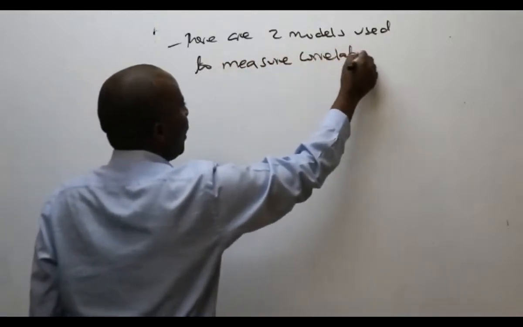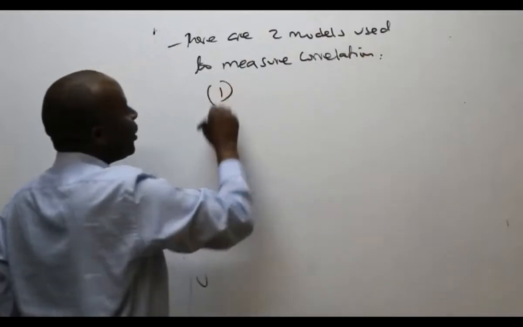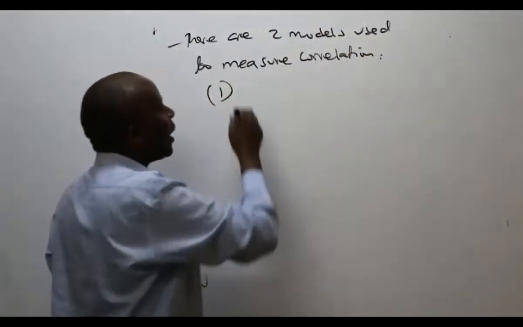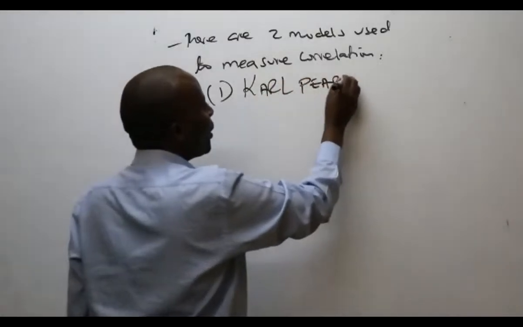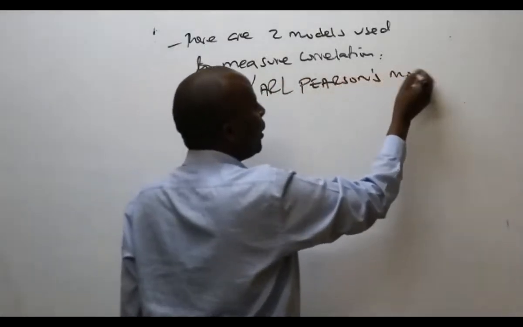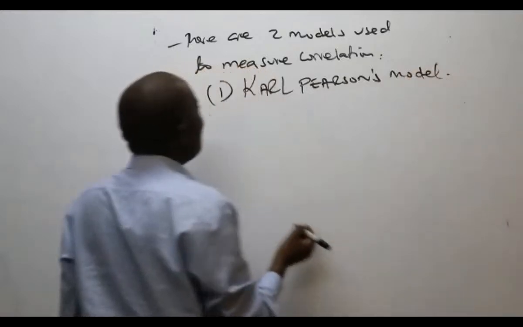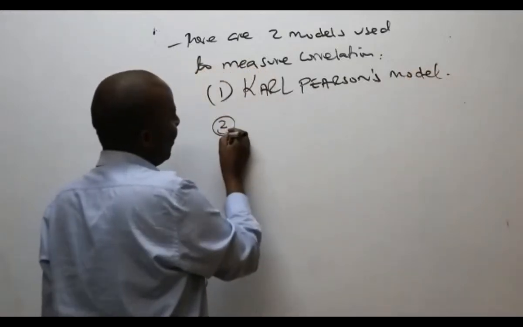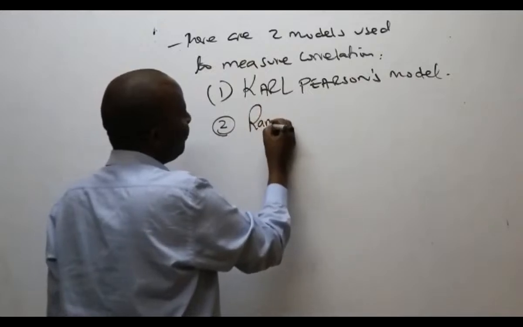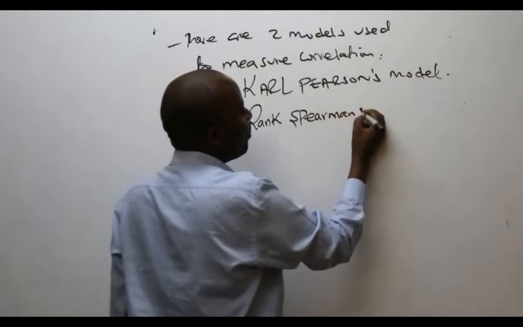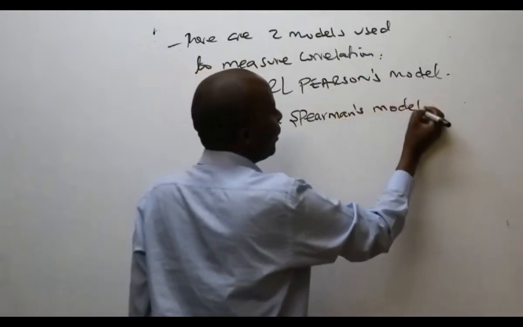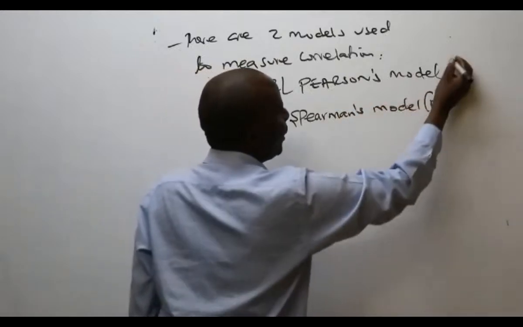Number one, we have what we call the Karl Pearson's model. And then number two, we have the Spearman's rank model. Both of them are denoted with R.